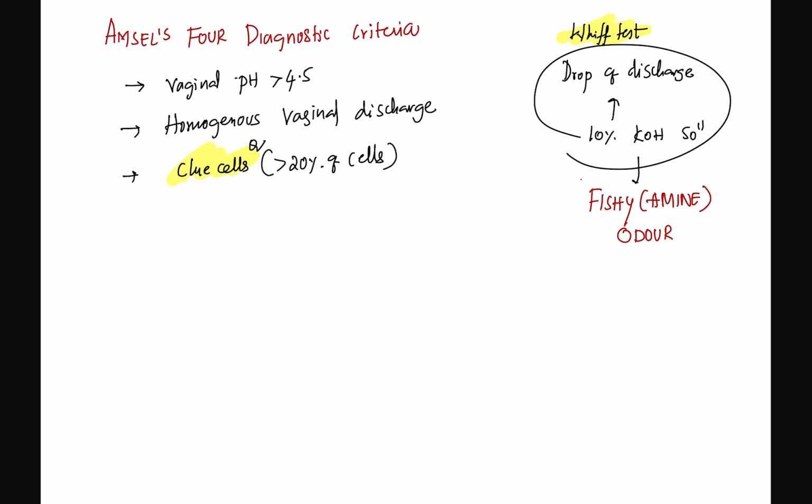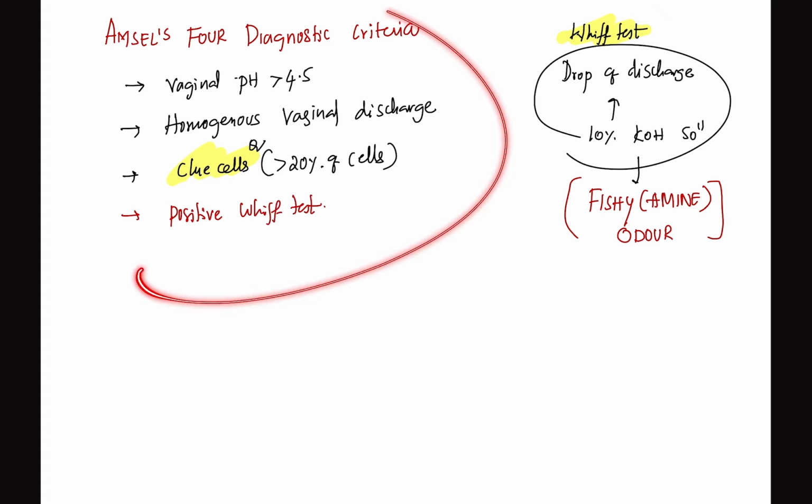So a bad smell, a fishy smell, will come when you mix a drop of vaginal discharge from a patient with bacterial vaginosis with 10% potassium hydroxide solution. This is the whiff test, and a positive whiff test is also helpful in diagnosis. So these four should be present. The Amsel's 4 diagnostic criteria should be present if you want to make a diagnosis of bacterial vaginosis.